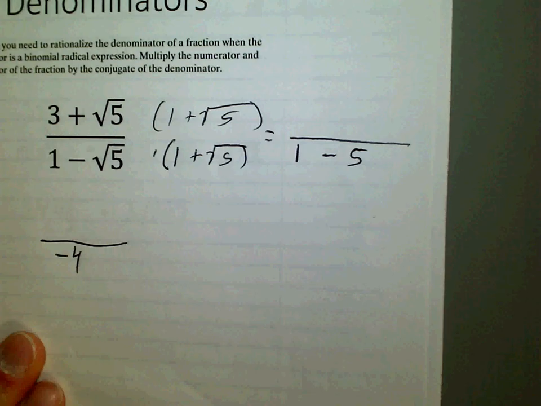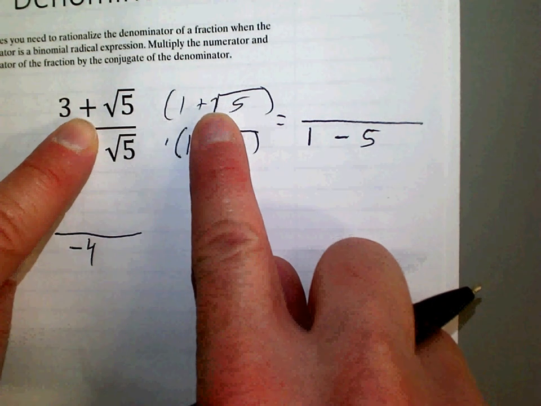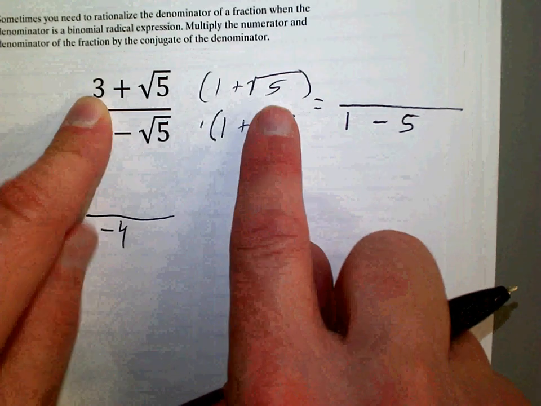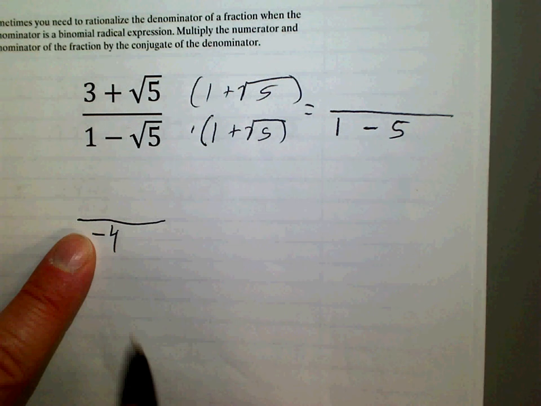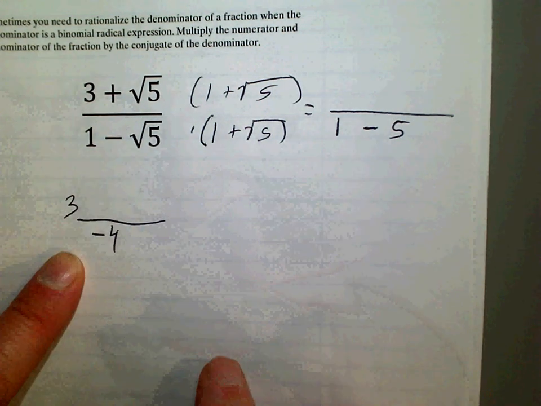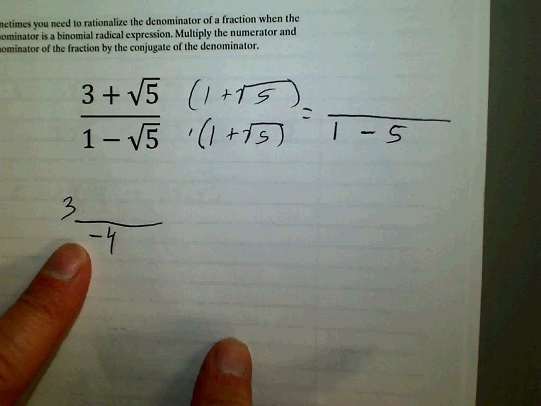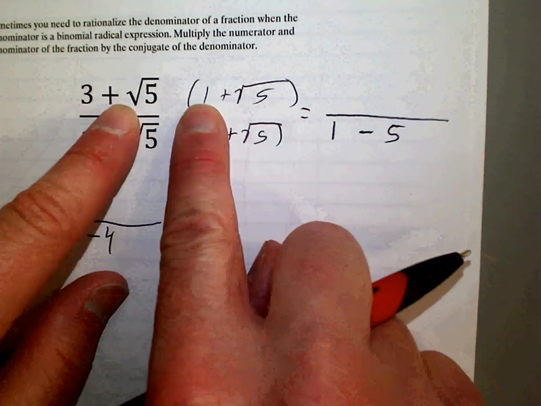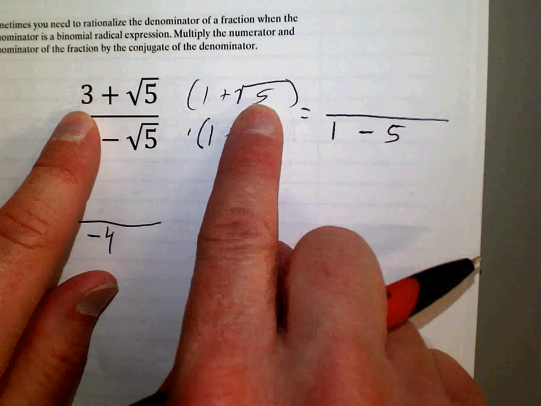The numerator is what this lesson is also about, multiplying binomial expressions. We can still do this. What's the first going to be? What's the outer and inner going to give us? What's the outer going to give you?